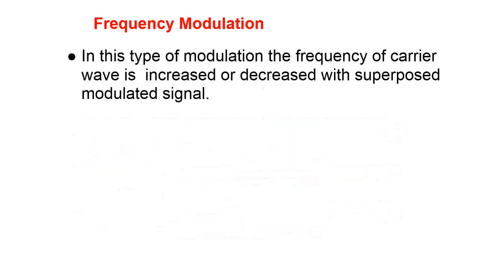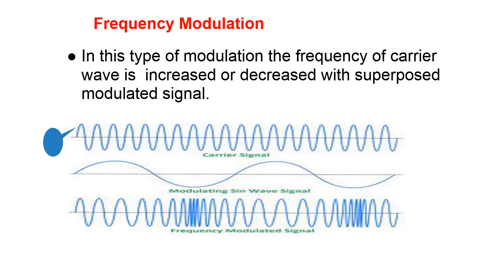Dear student, in the previous slide we discussed amplitude modulation. Now the next type of modulation is frequency modulation. In frequency modulation, the frequency of a carrier wave is increased or decreased or diminished with the superposed modulated signal. You can see the figure. The first wave is an EM radiation, and the next wave is a message or information.